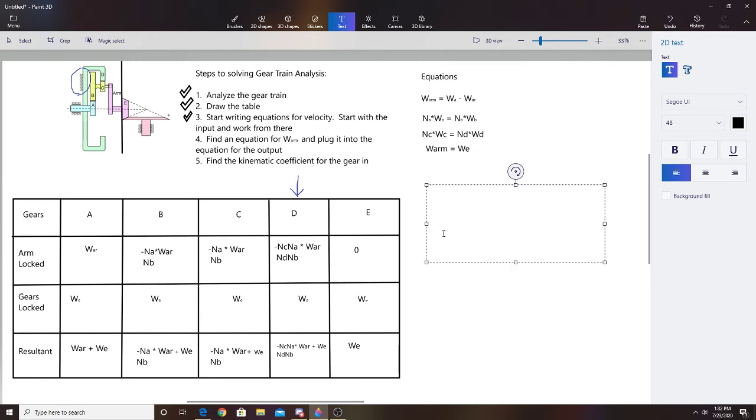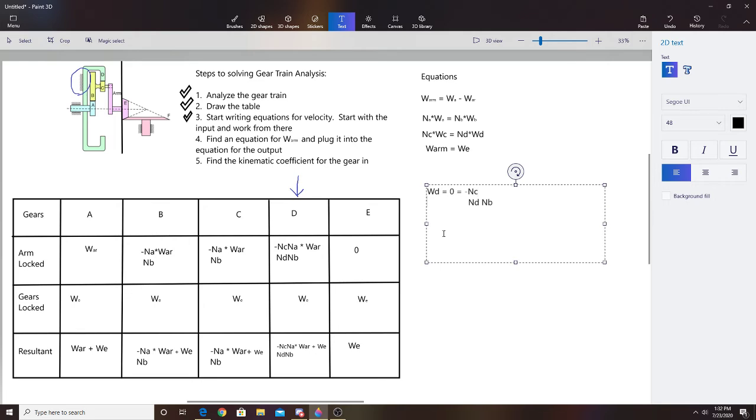So really quickly, it is WD is equal to 0, because remember it's the grounded condition. WD is equal to 0, which is then equal to minus NC in B, what is it, ND? Yeah, ND.